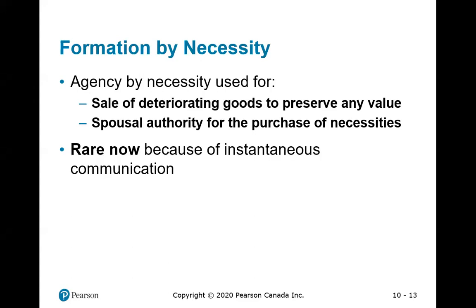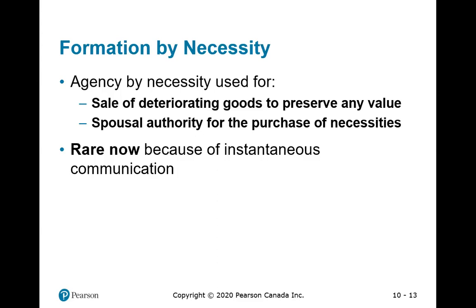One situation that is unfortunately applicable nowadays, and we can use COVID as an example. Someone would get COVID, be hospitalized, and all of a sudden go to ICU. What about their financial issues, their dealings? Their partner, their spouse, gets authority by necessity.